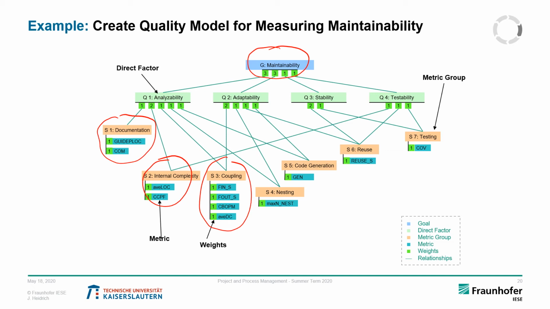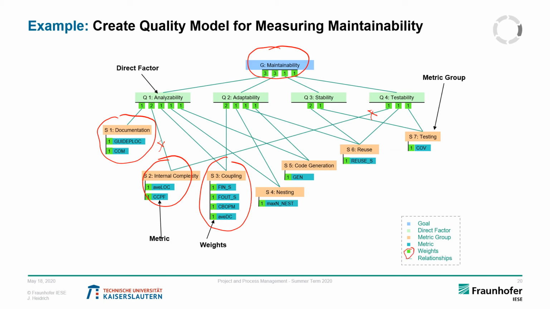And these groups, as you see, can be assigned now to multiple quality sub-aspects. So, for instance, the internal complexity is part of analyzability as well as part of the testability of our product. So that's the basic structure, and you also see these light green numbers. These are weights.